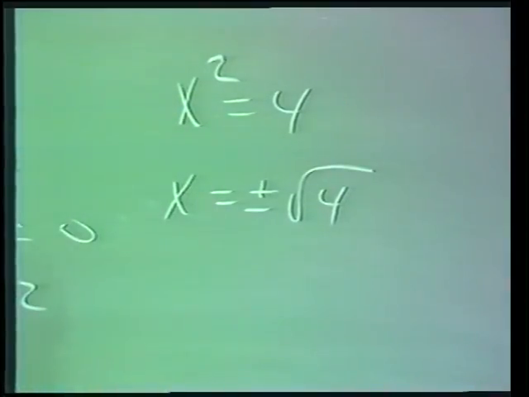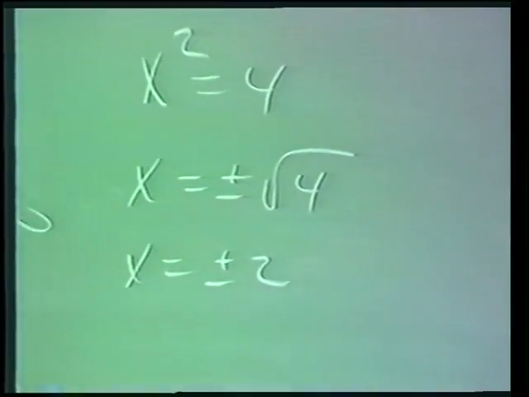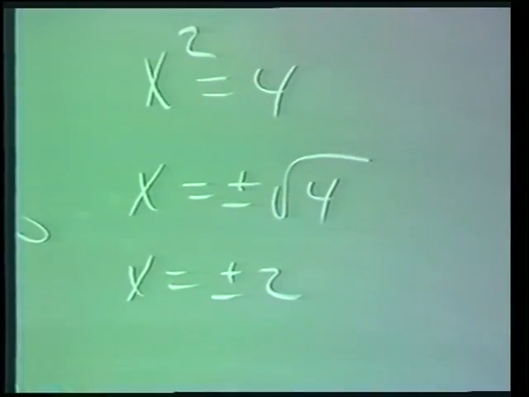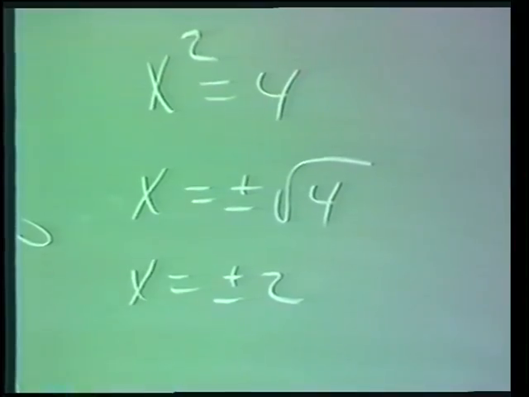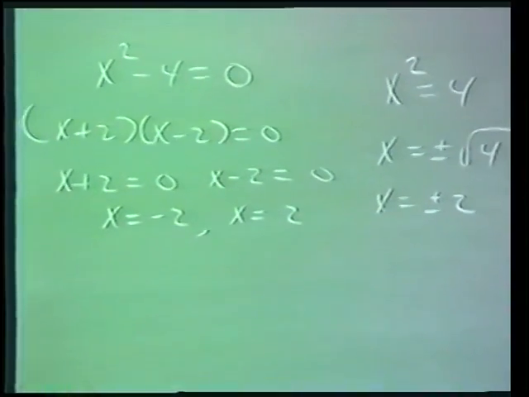Always. Well, we know that the square root of 4 is 2, so our answer is plus 2, negative 2. So anytime you have a pure quadratic, just isolate the square, then take the square root of both sides, and you have your answer.